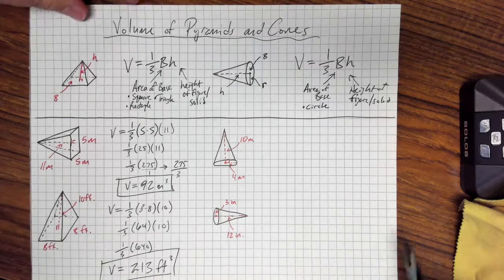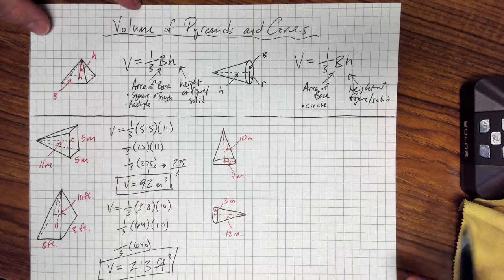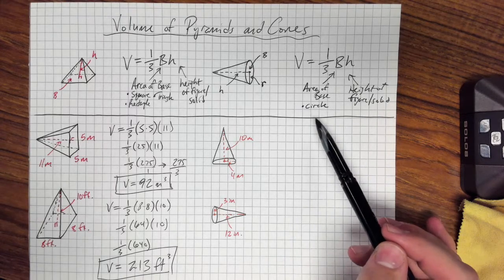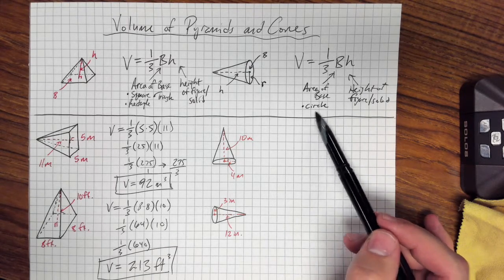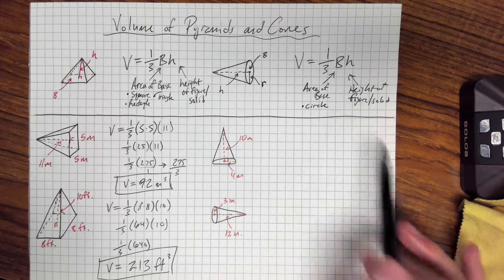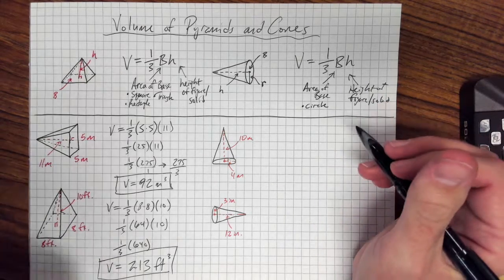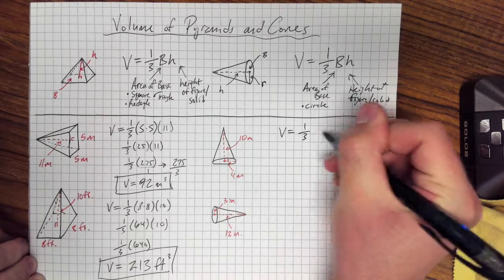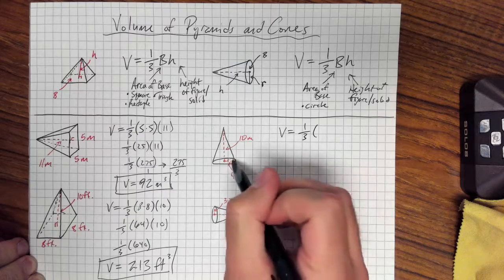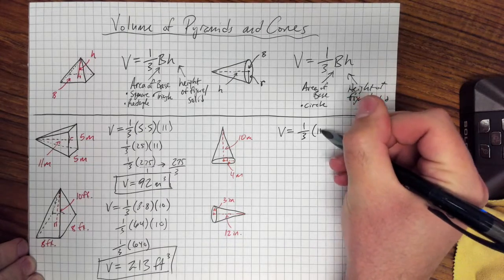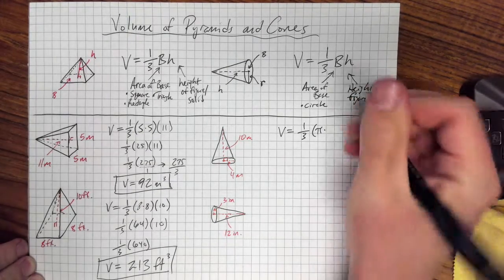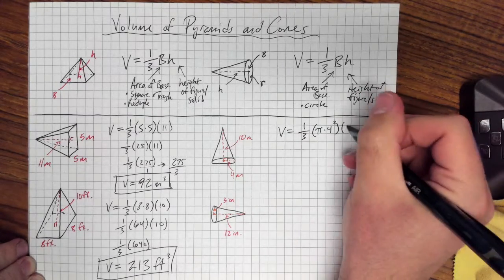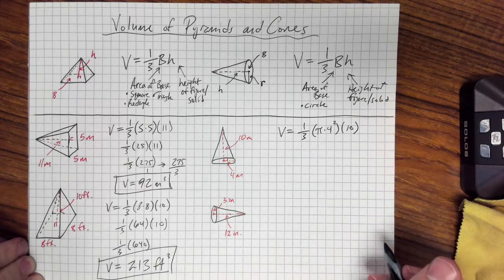And let's look at cones. For cones, it works the same, except when you do this, the base is a circle, so the area formula for that would be pi r squared, as you've seen multiple times. So let's do this one. 1/3 times the area of the base is now a circle, so we need pi r squared, so pi times the radius is 4 squared, times the height of the cone is 10.